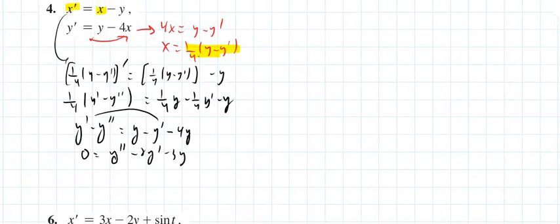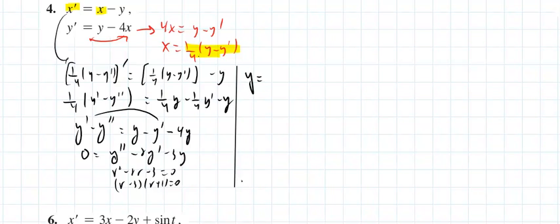And in this case, of course, the characteristic equation is r squared minus 2r minus 3 equal to 0. So it's r minus 3 times r plus 1 equal to 0. So I know here that y equals c sub 1 e to the 3t plus c sub 2 e to the negative t.